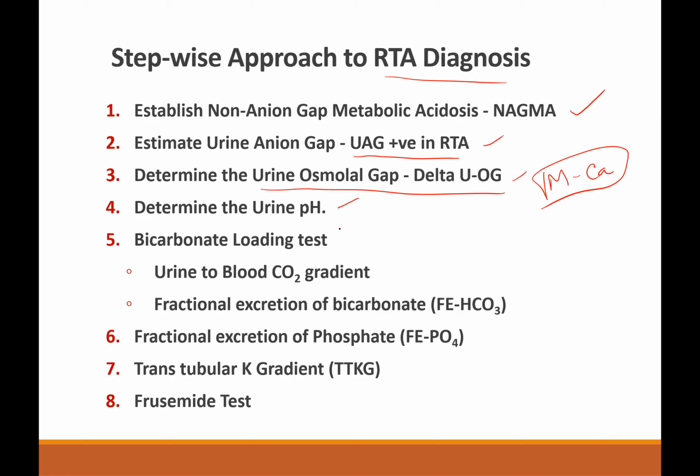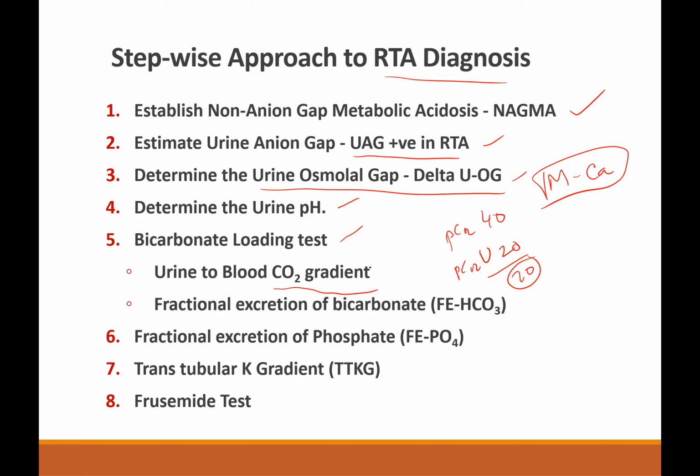And then the bicarbonate loading test you have to do, with the urine to blood carbon dioxide gradient. What is the carbon dioxide in the blood? PCO2 in the blood is 40. What is the carbon dioxide in the urine? PCO2 in urine you have to see, and the gradient, let's say it is 20.